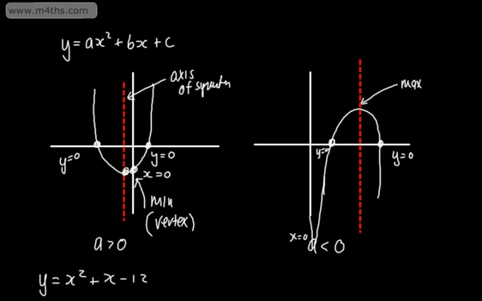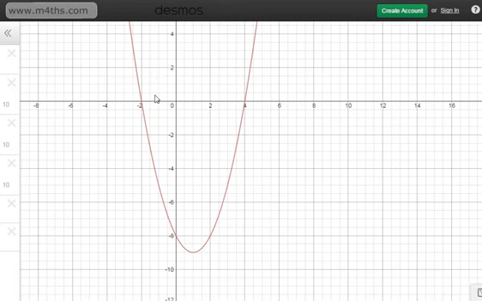So the one I've just drawn, y = x² − 2x − 8. We can see the points of intersection with the x-axis and the y-axis. We can see that it opens upwards. It's a positive parabola with 2 real solutions.